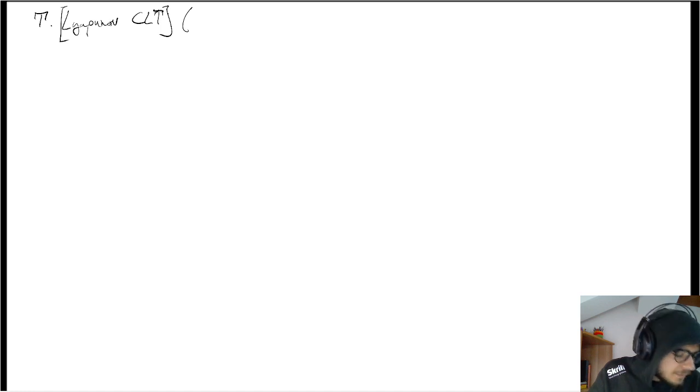Let me state the theorem again, to help memory. Suppose the expectation of X_nj is 0 for any n and j.